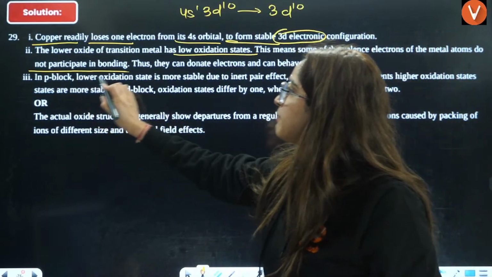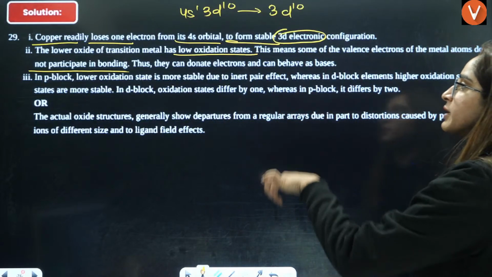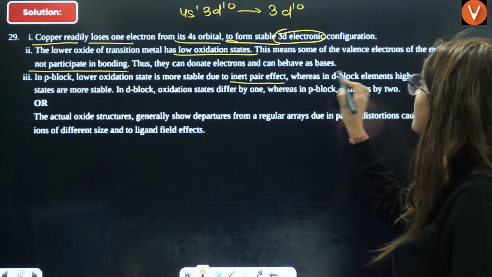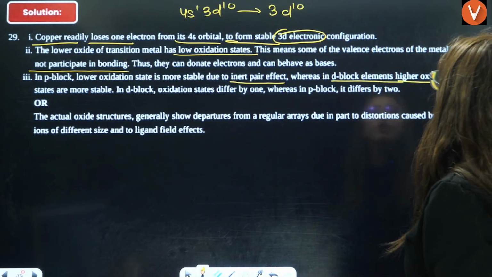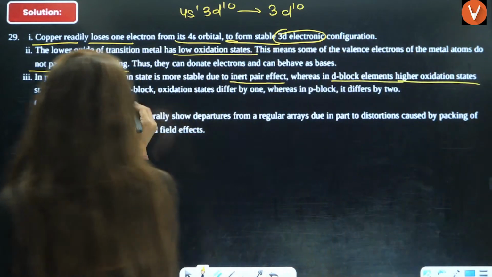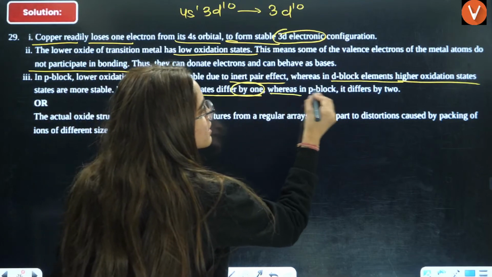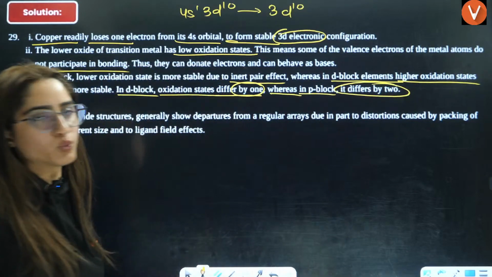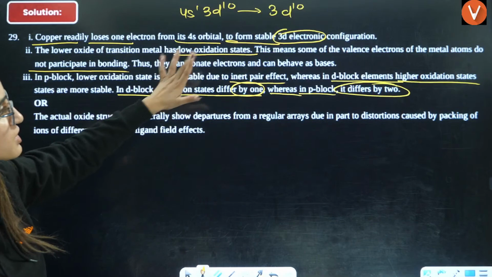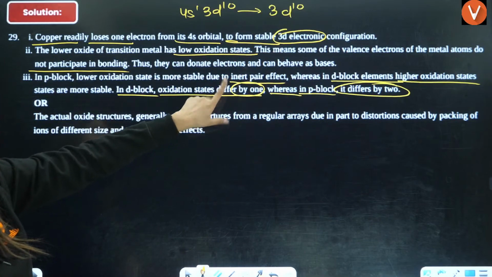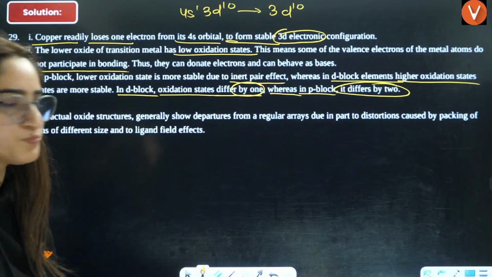In the P block, the lower oxidation state is more stable due to the inert pair effect, whereas in D block elements, higher oxidation states are more stable. In the D block, oxidation states differ by 1, whereas in the P block, they differ by 2. Here low oxidation state, there high oxidation state; here it differs by 1, here it differs by 2.